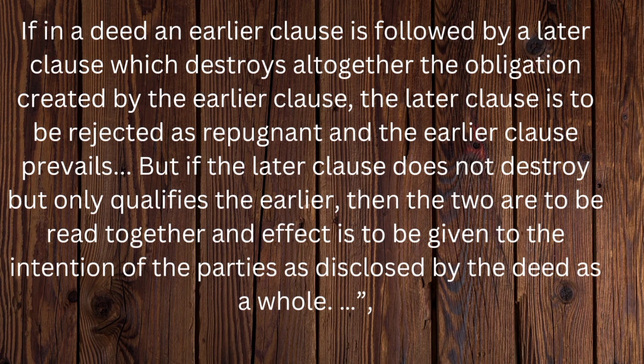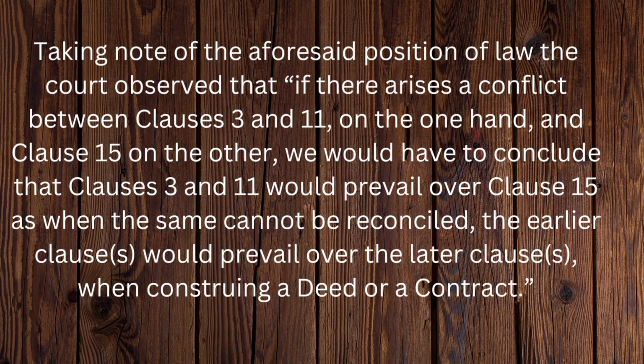In that case, it was held that if in a deed an earlier clause is followed by a later clause which destroys altogether the obligation created by the earlier clause, the later clause is to be rejected as repugnant and the earlier clause prevails. But if the later clause does not destroy but only qualifies the earlier, then the two are to be read together and effect is to be given to the intention of the parties as disclosed by the deed as a whole.